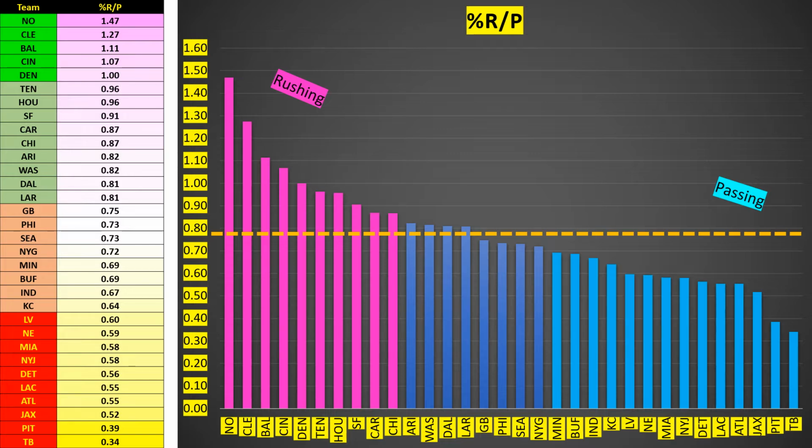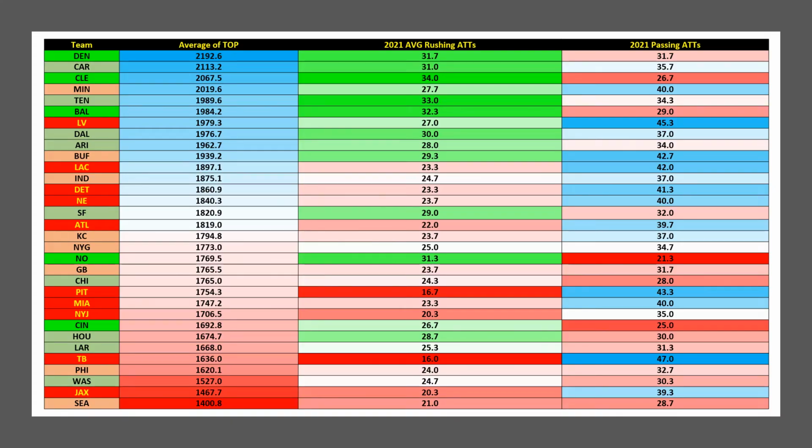If I was on those teams and looking at metrics, I would certainly be well aware of what my team was doing, and maybe considering experimenting and changing up the rushing passing ratios. So again, now I sorted the teams by time of possession, and now we look at rushing.